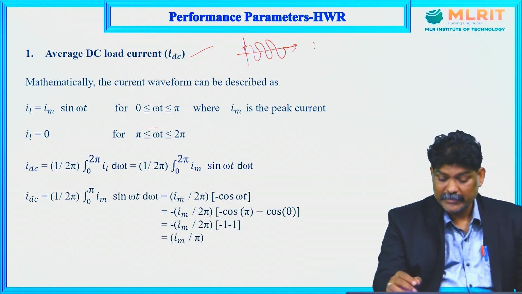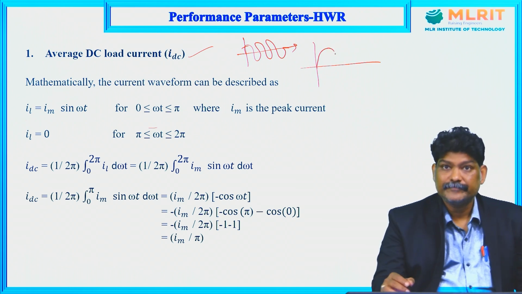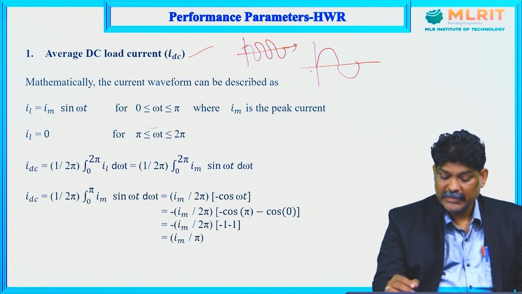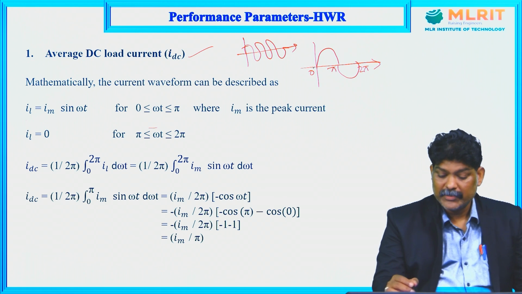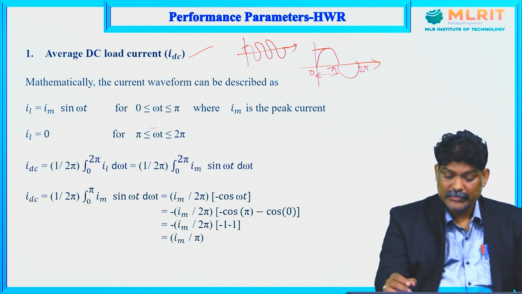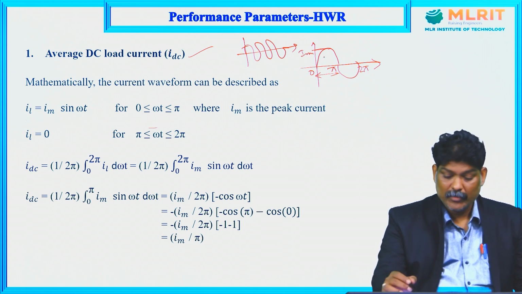So this is 0 to pi and this is 2 pi. From 0 to pi, the load current is equal to Im sin omega t. So this is omega t.